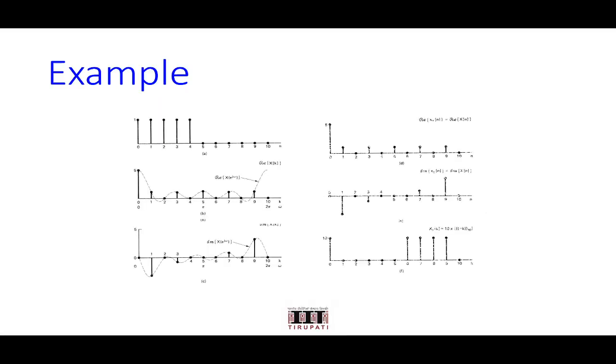Suppose this is what has been given to you. This is your x of n. Let's say you are given that this is the real part of X of k. You have computed the DFT of it, and assume that it's a complex number.